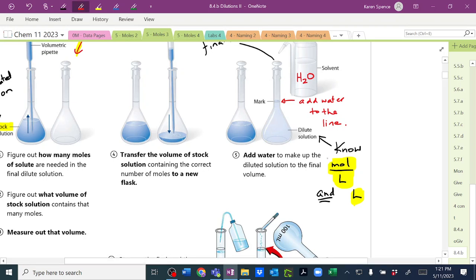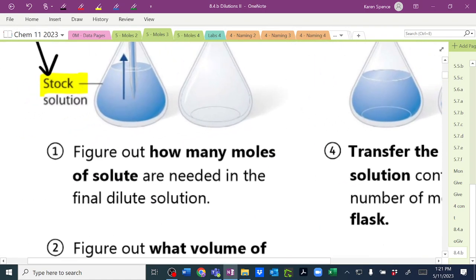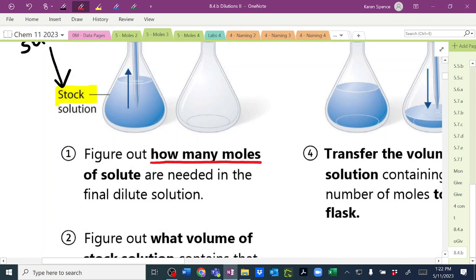So in your very first step, you're going to find the moles that you need in the final diluted solution. That's why it says at the beginning, figure out how many moles are needed in the final dilute solution. So you're thinking ahead: how many moles am I going to need to get that wanted concentration and volume?